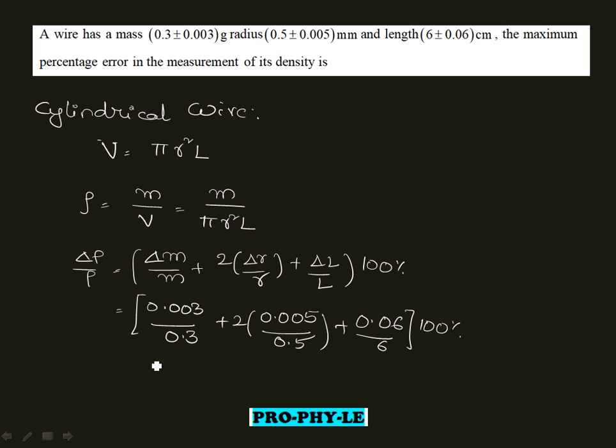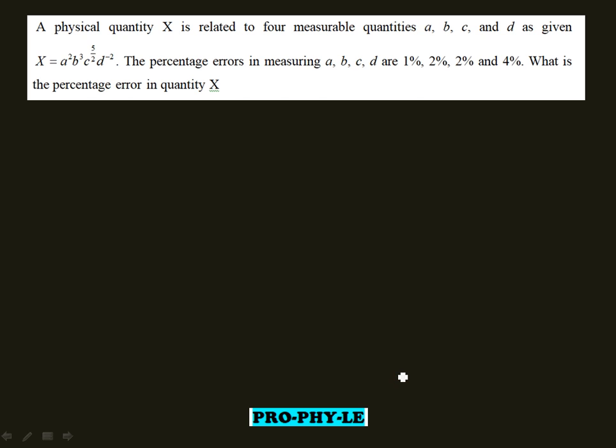If you multiply this, for the first term you will get 0.3 by 0.3, this will be 0.5 by 0.5, and this will be 6 by 6. So I will get here 1% plus 2 into 1%, 2%, plus 1%, this will be equal to 4%. That is how you have to solve this question. That is the percentage error in measurement of density.